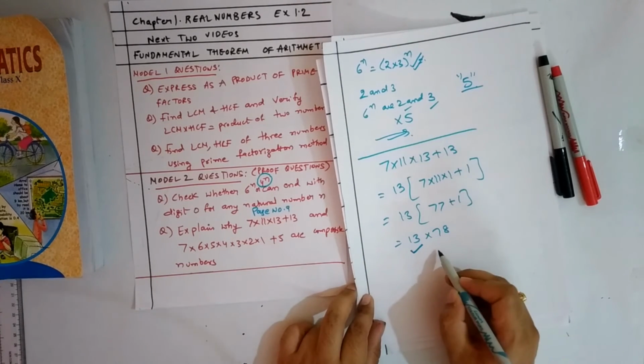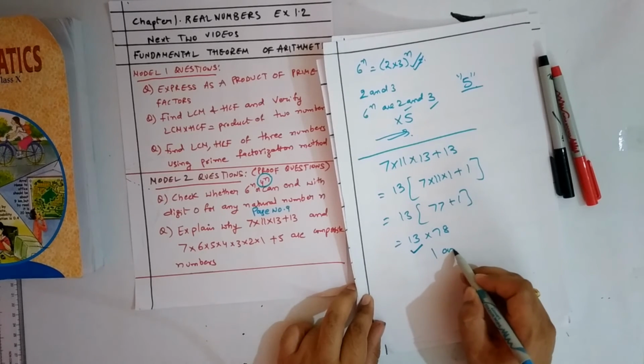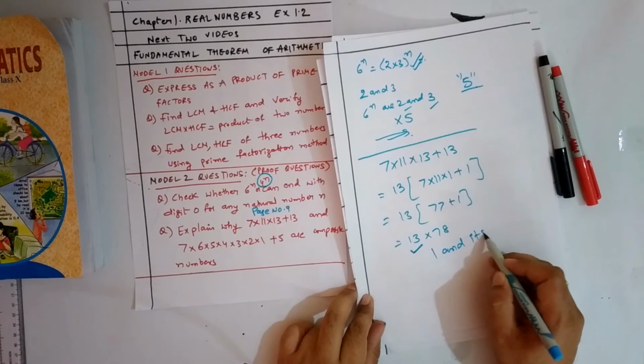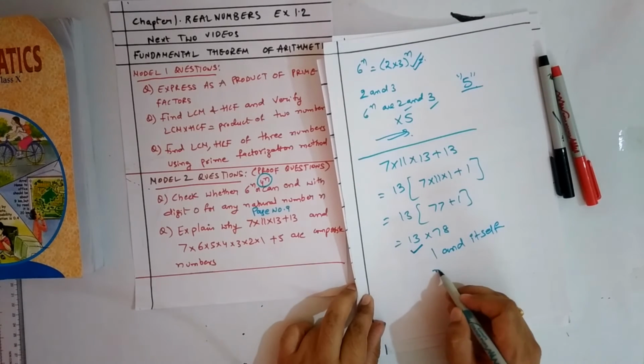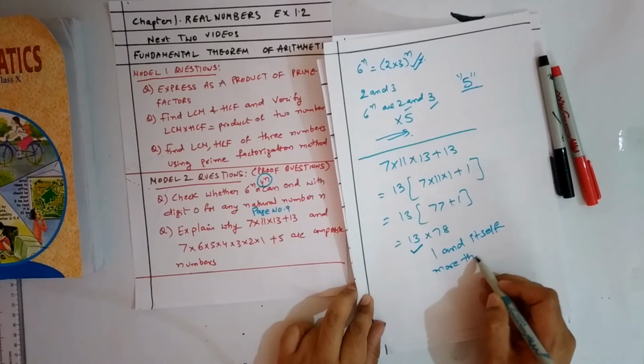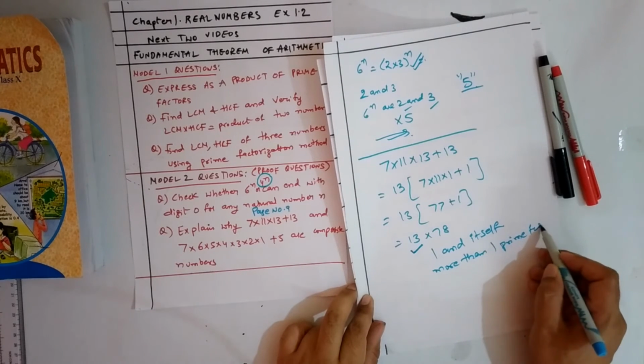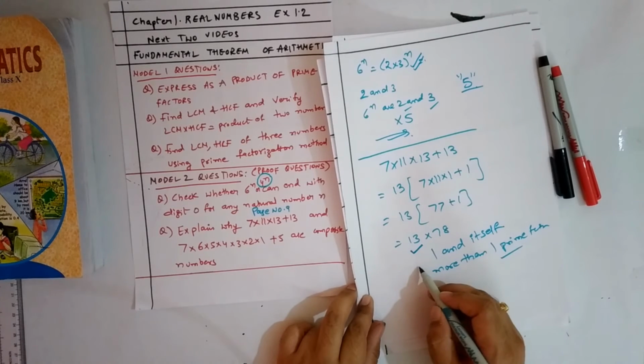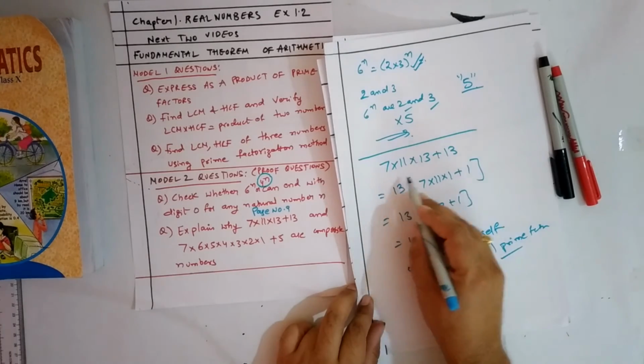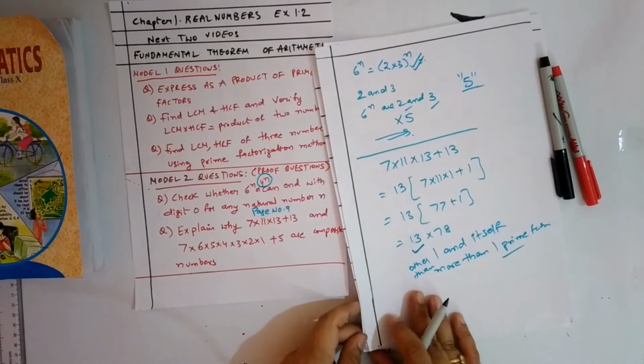So it has more than one prime factor other than 1 and itself. So this number is a composite number.